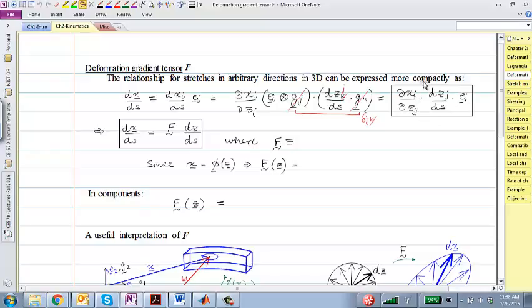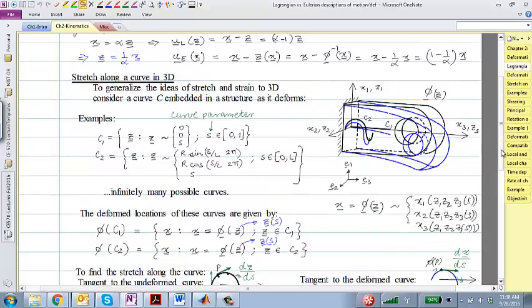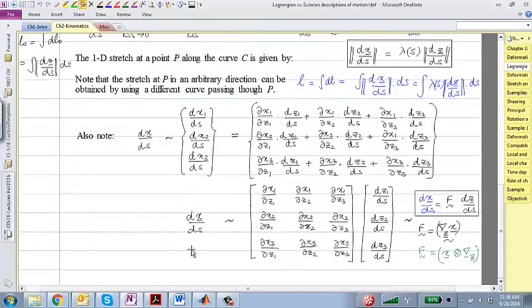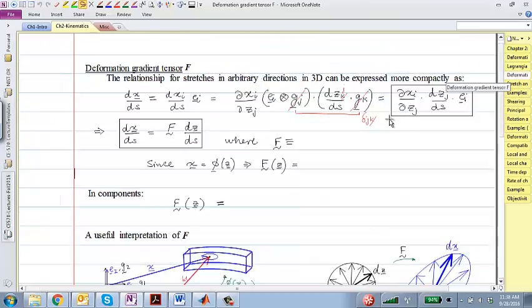So this short-form way is the same as writing this long equation out here. I hope you all see that. And this immediately tells us that the components of F can be written in this manner that I already wrote up here.